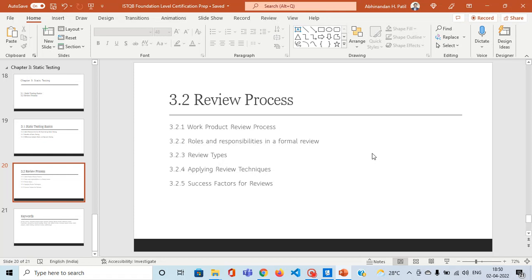Most important, there should be a culture of learning and process improvement. Learning is a lifelong process, and ultimately the whole idea is to improve the process. So if these things are clear, a review process will be successful.